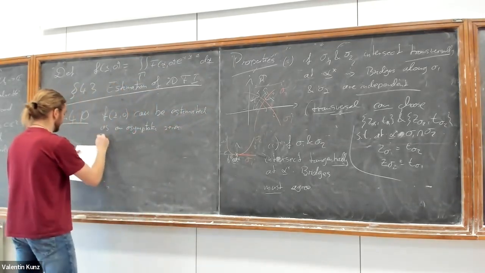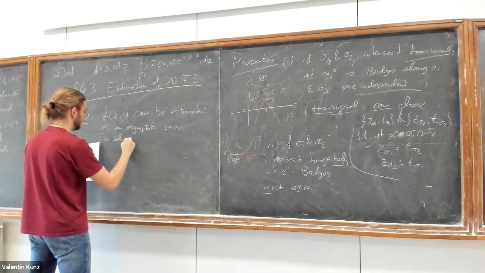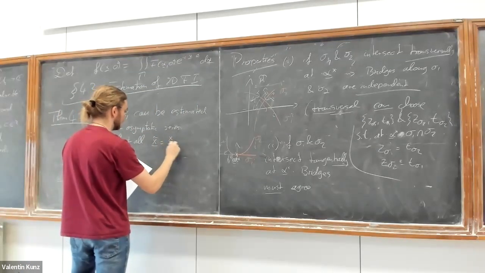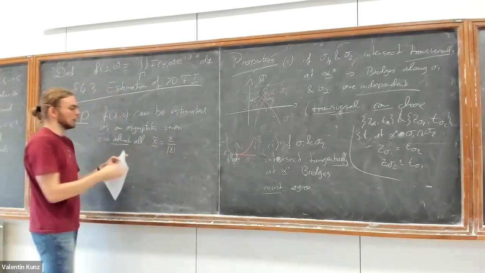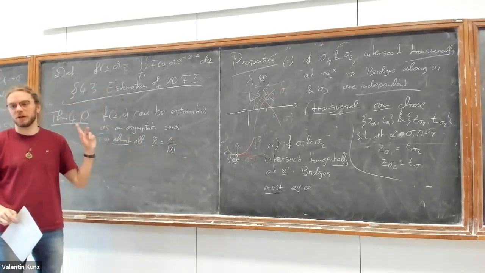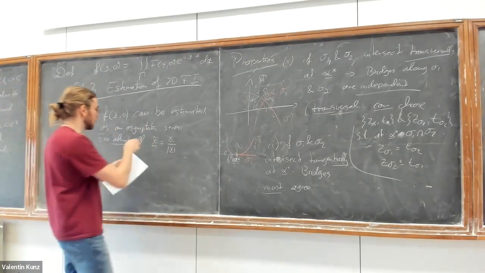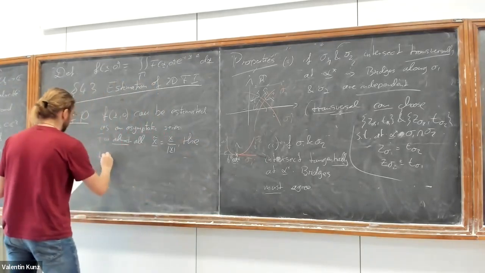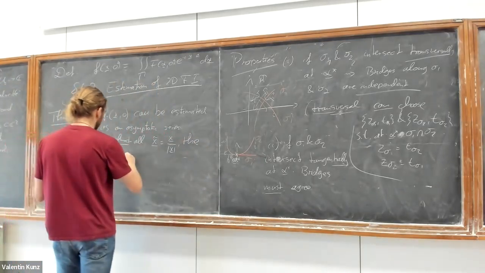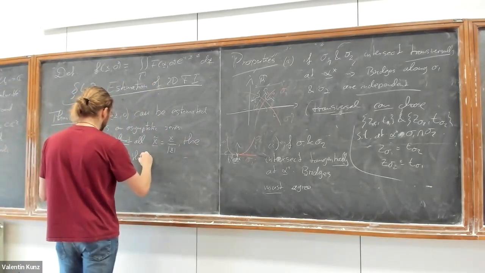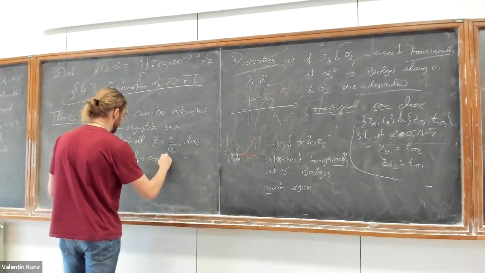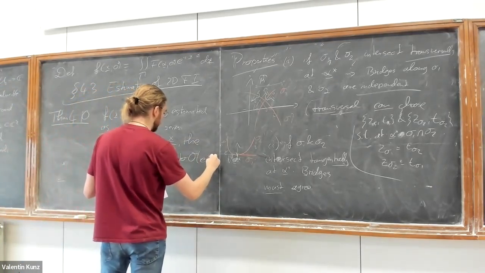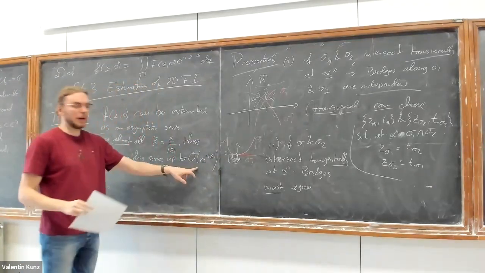Okay, how do we get this? So for almost all observation directions, the terms in this series, up to exponentially decaying terms, can be obtained by estimating this integral.